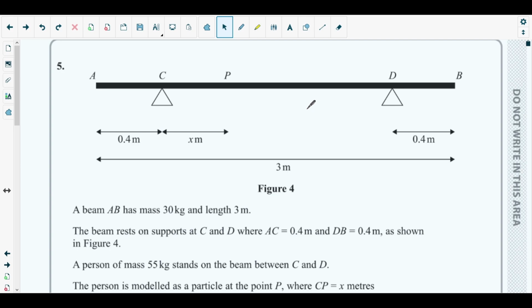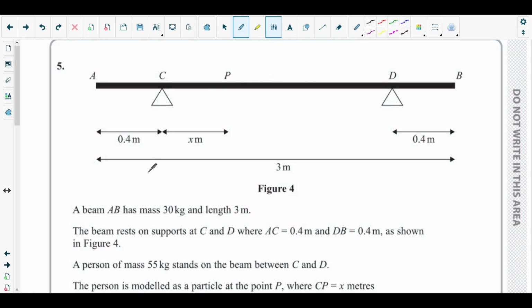Before starting, if I explain the concepts behind this question, it is basically from chapter number 8, the last chapter of your Mechanics 1 textbook, which is moments. All the concepts you need here are related to moments. So let's get started with question number 5.